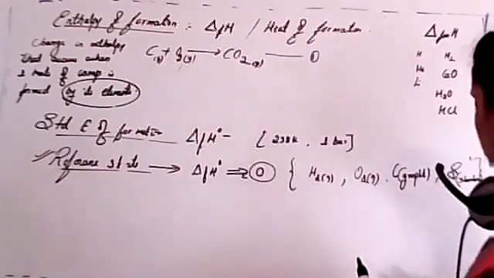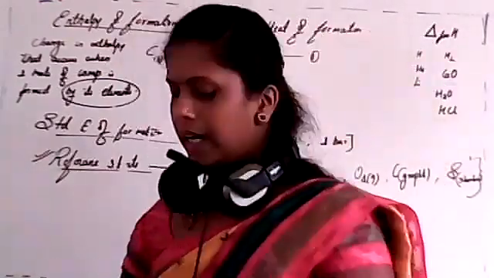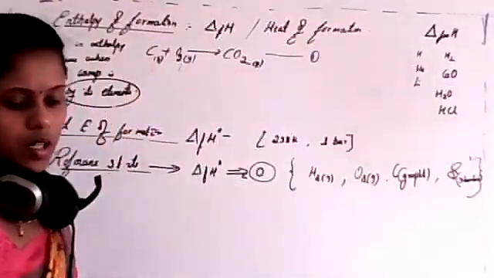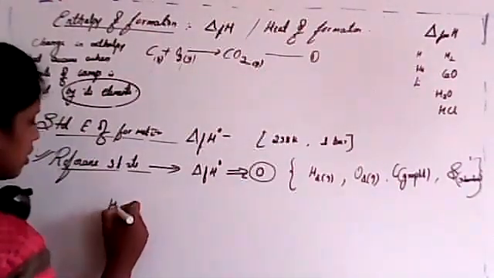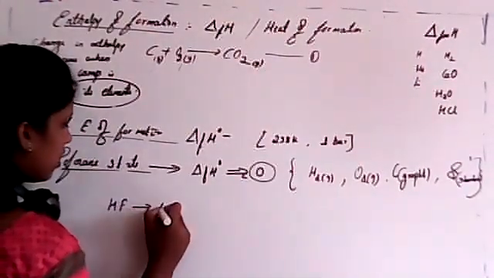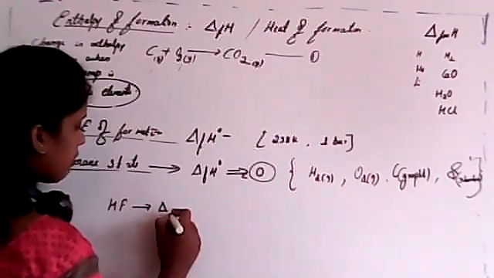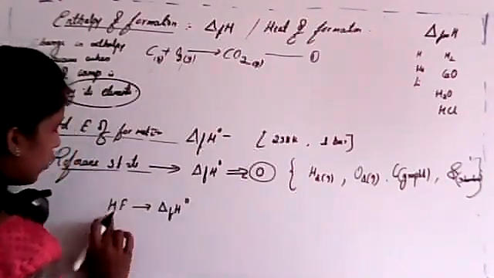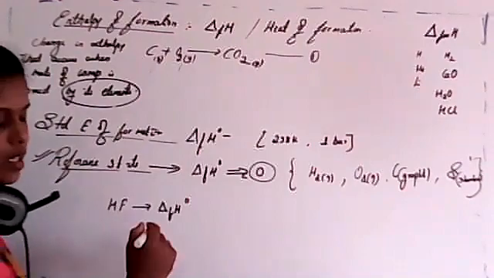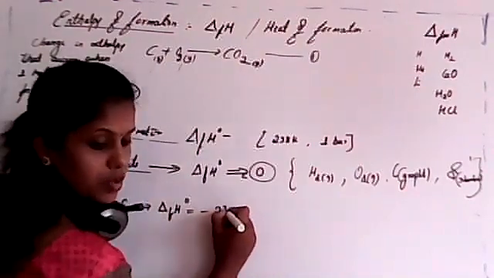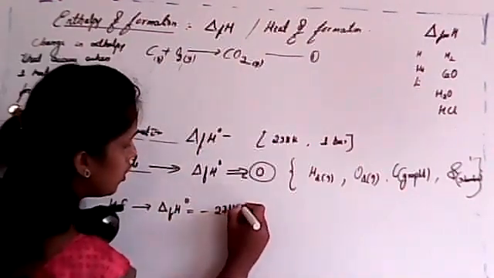Now I'll give some examples, and tell me which one of these is stable. For HF, the value is minus 271 kilojoule.